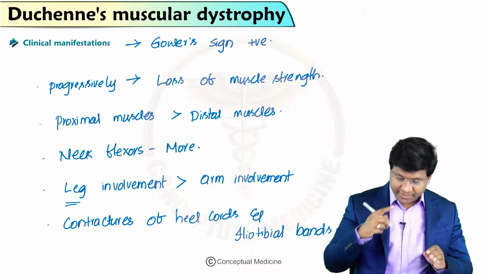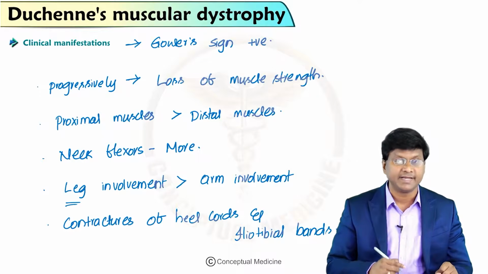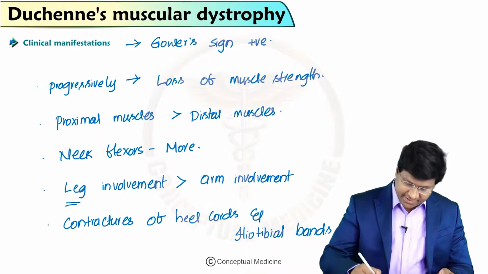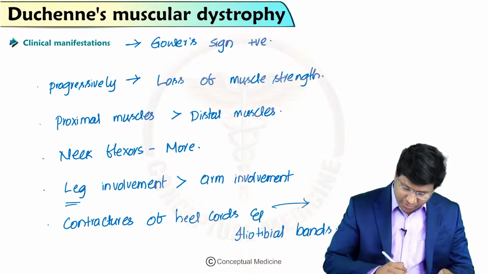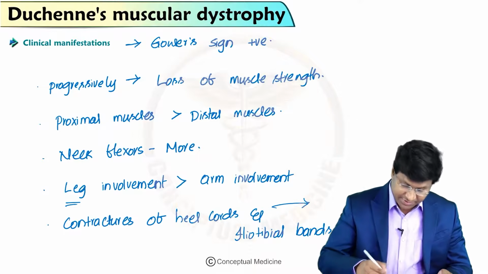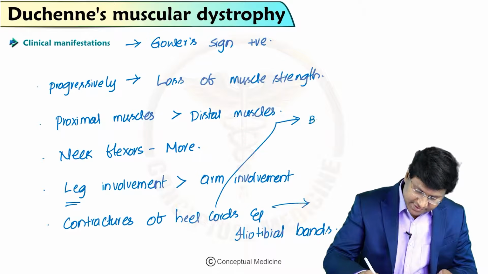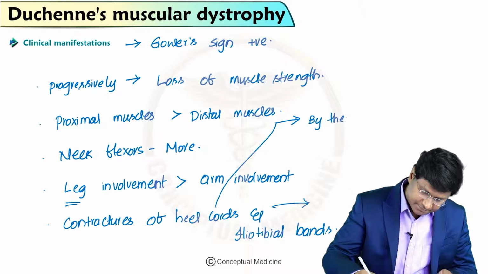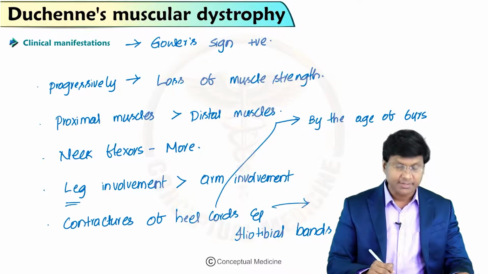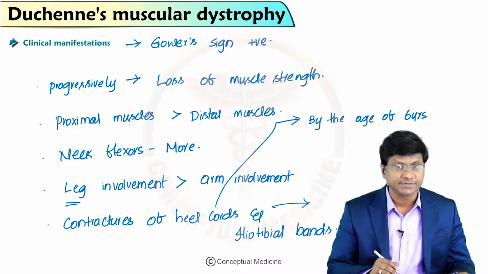This contracture of the heel cords and iliotibial bands will occur by the age of 6 years.